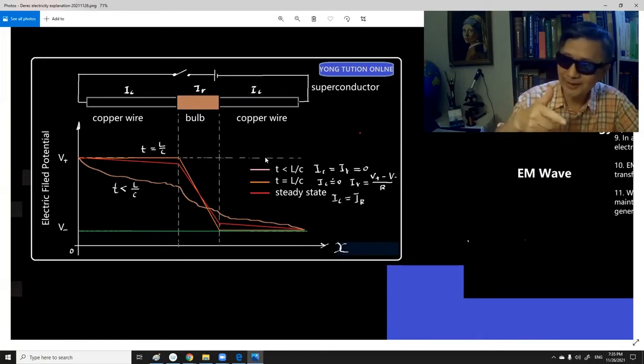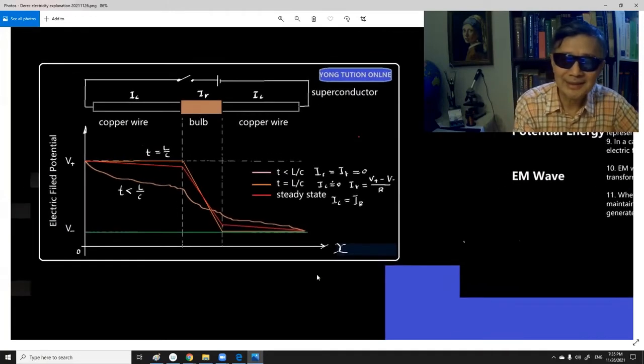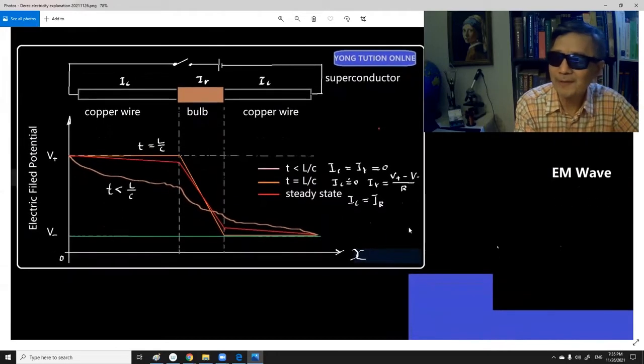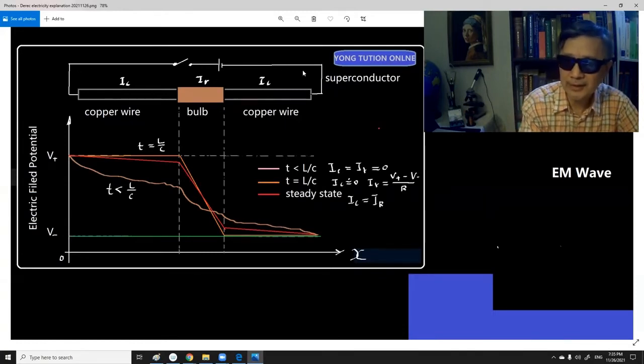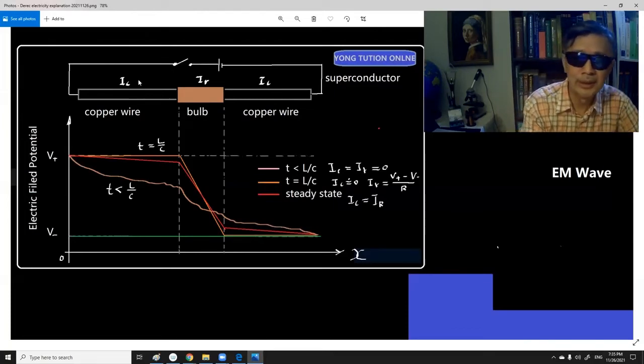I'm talking about the main part of my theory now. This diagram, which I just completed this afternoon, alters that original question slightly. I assume that half of this conductor wire is a superconductor, so we don't have to consider the resistance of that half of the conductor at all.